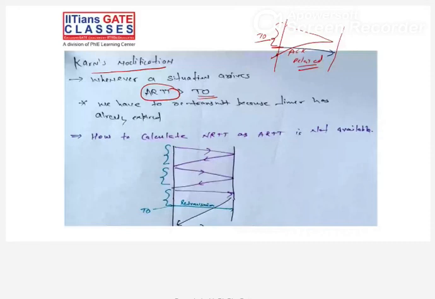I can represent it this way: IRTT2 will be alpha into IRTT plus 1 minus alpha into the actual round trip time, which is 20. Now it will be 15 milliseconds. Now your new RTT is done.